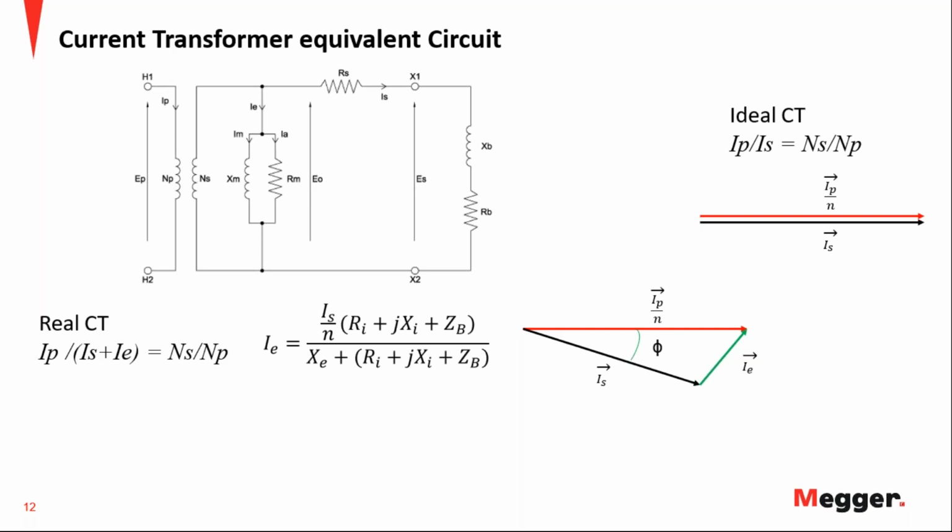So if you think about the ratio correction factor having a minimum or a maximum, and you think about the power factor limits defined by the class, that means that you are going to have a magnitude that is going to be less or higher than what the proportional primary current is. So that's where you get your maximum and minimum ratio correction factor. And then for the phase deviation, we know that the limit is between 0.6 and 1 power factor. So that is the corresponding cosine of this angle.